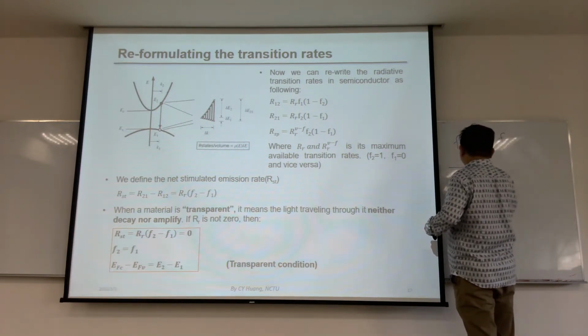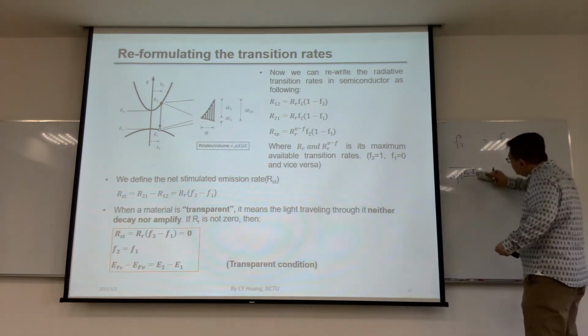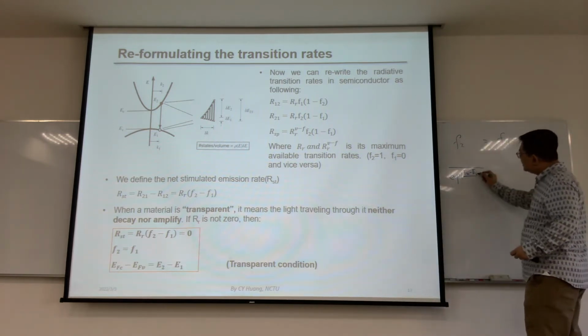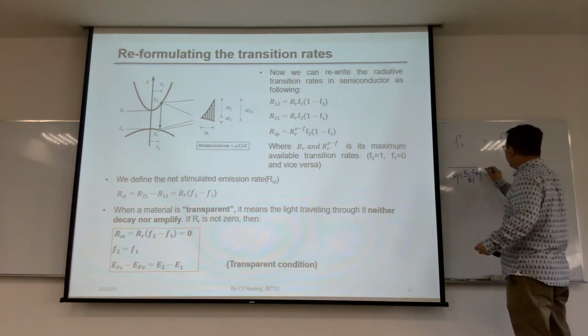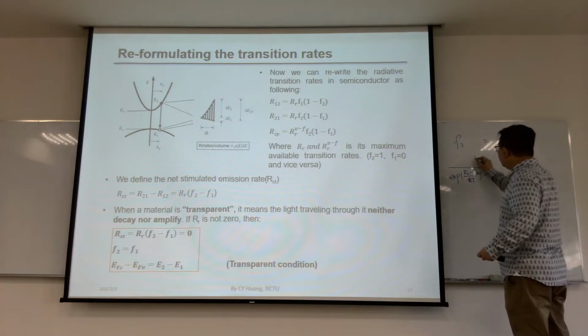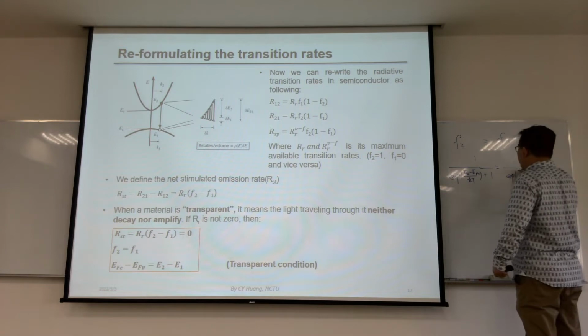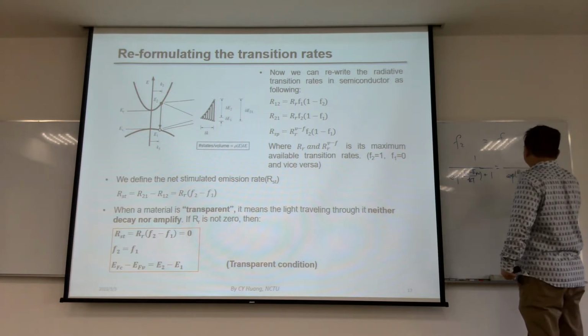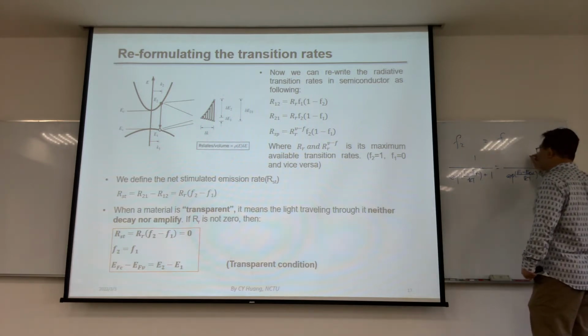That means the probability of the electron at level 2, with the exponential of E2 minus the quasi-Fermi level EFC divided by kT, plus 1, is equal to the exponential of E1 minus EFB divided by kT, plus 1.